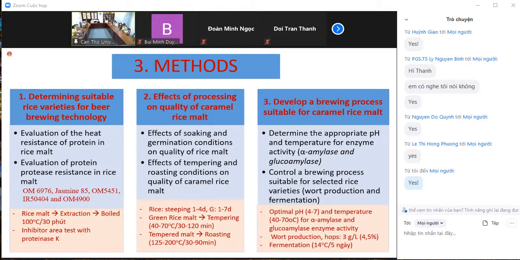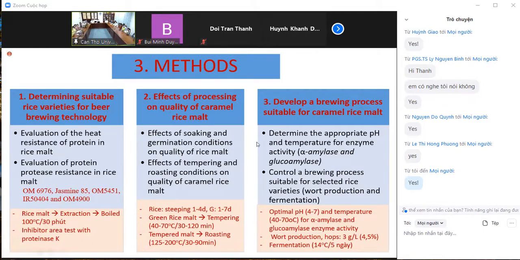We will control some factors that affect malting for the chosen rice variety. We control soaking and germination conditions to get quality rice malt, and control temperature and time to make the best malt, which is the rice malt.